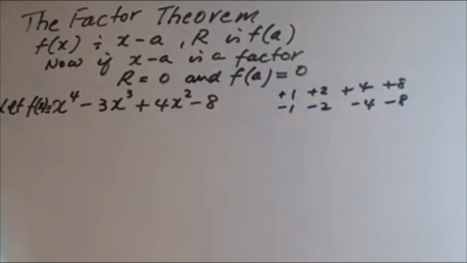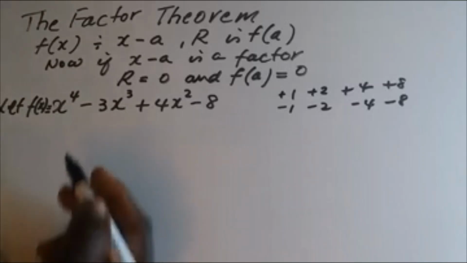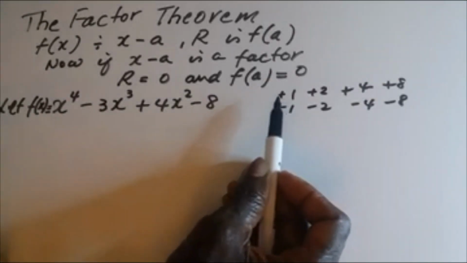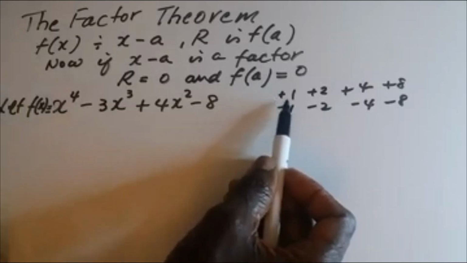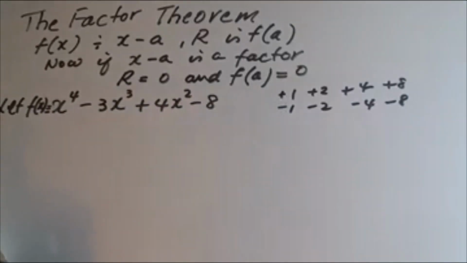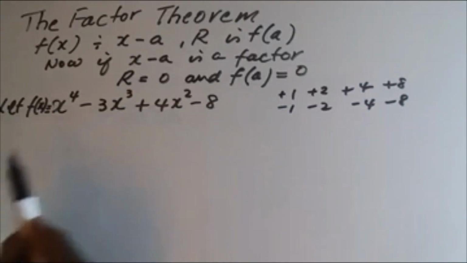So we'll substitute. In order to find a factor of this polynomial, we'll start with, let's say, positive 1. If that's not a factor, then we go for negative 1 and so on until we find a factor of this polynomial.